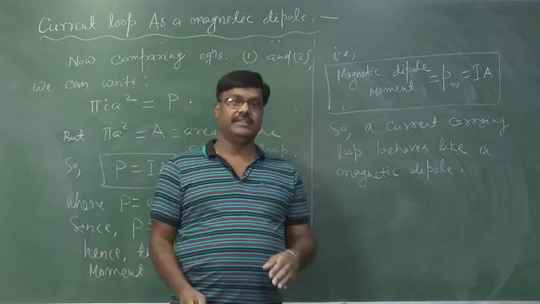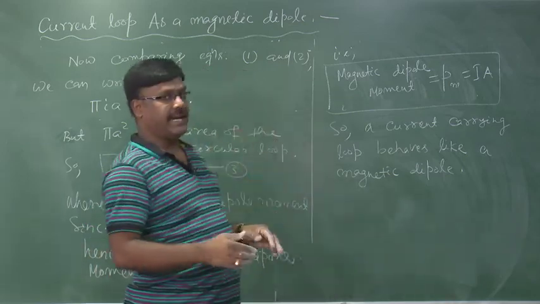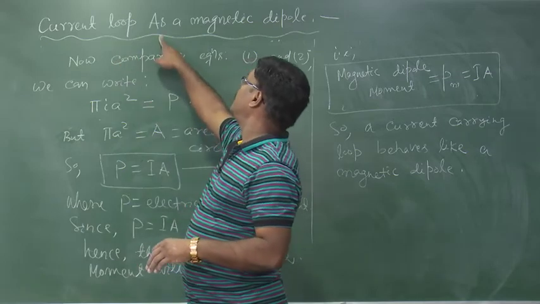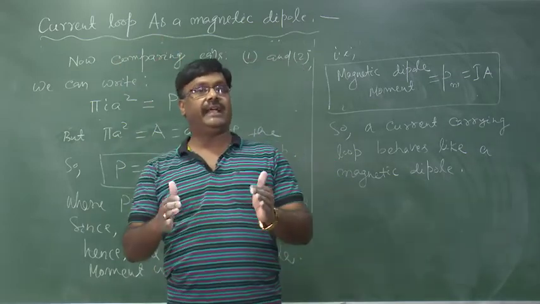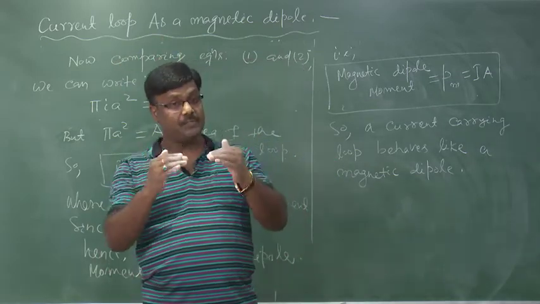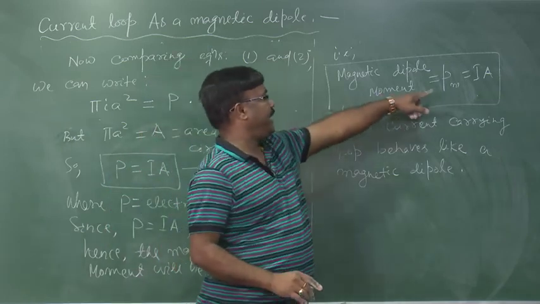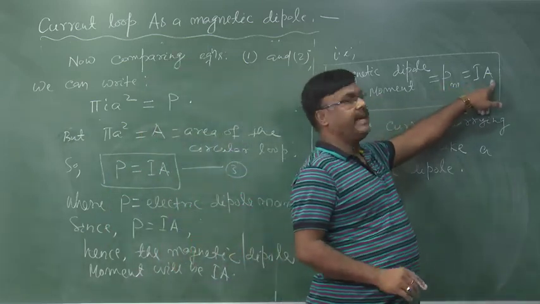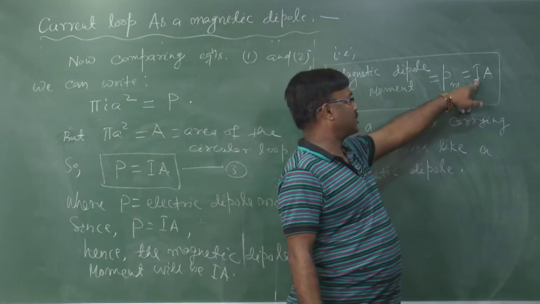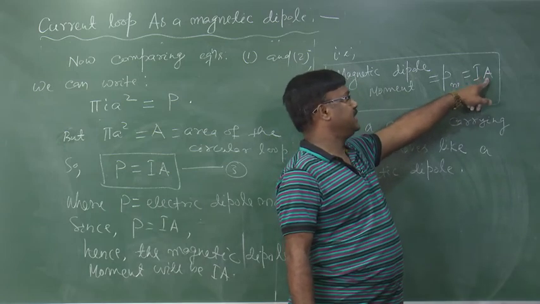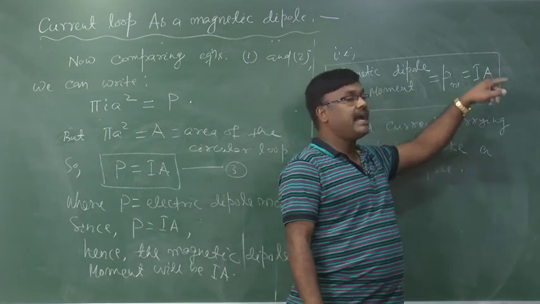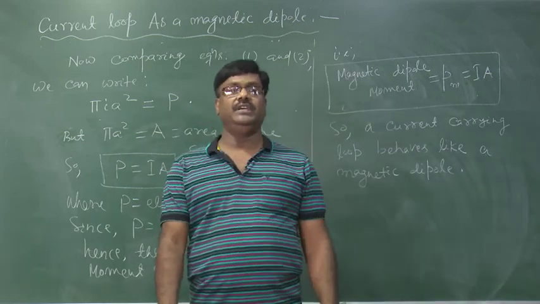And again we have shown here that a current loop behaves like a magnetic dipole with dipole moment Pm equal to IA, that is the product of the current and the area of cross section of the coil.